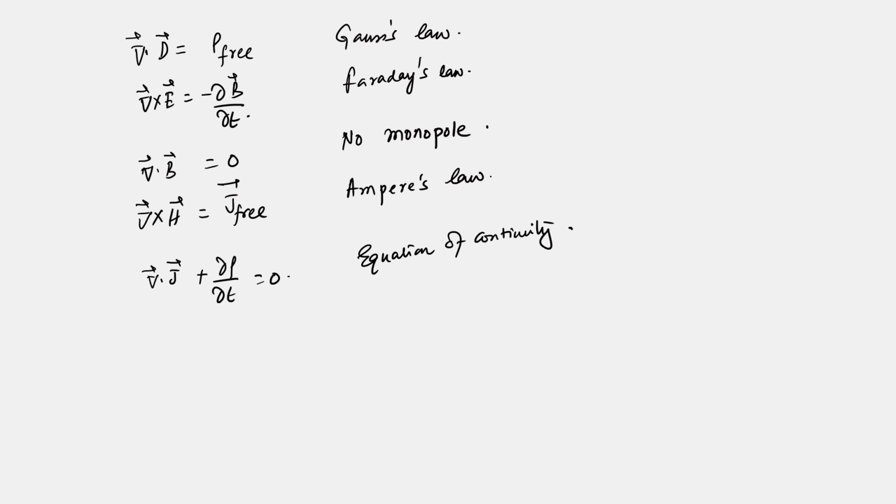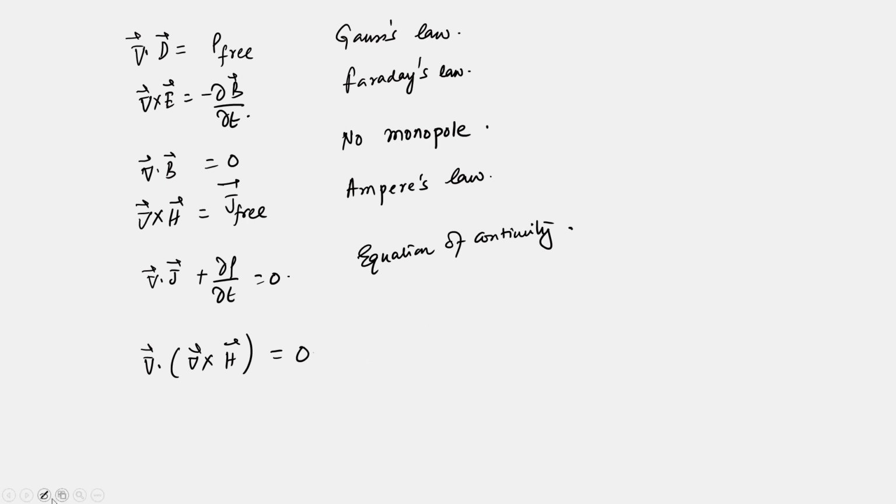This inconsistency is seen if you take Ampere's law and take the divergence of the curl of H, that should be equal to 0, but divergence of J free is not equal to 0 because of the continuity equation.